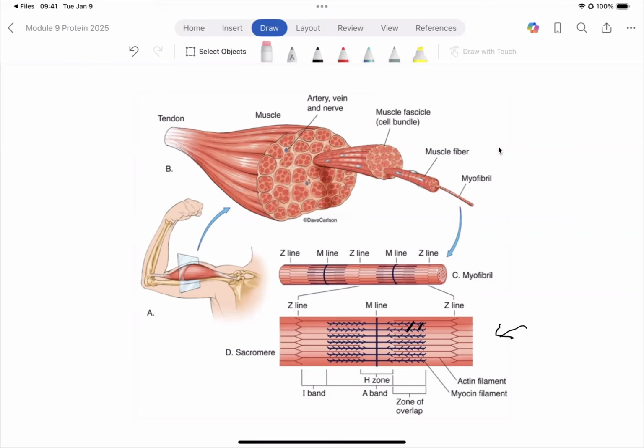And so these are the very finest of the muscle fibers. They combine together to make a myofibril, which is a whole bunch of these put together. And then there's a casing around that, which is like the collagen, and then those combine to make bigger fibers, bigger muscle.